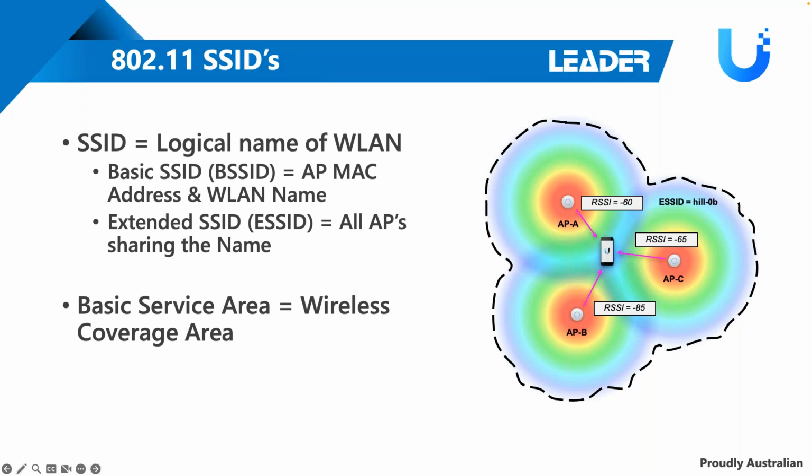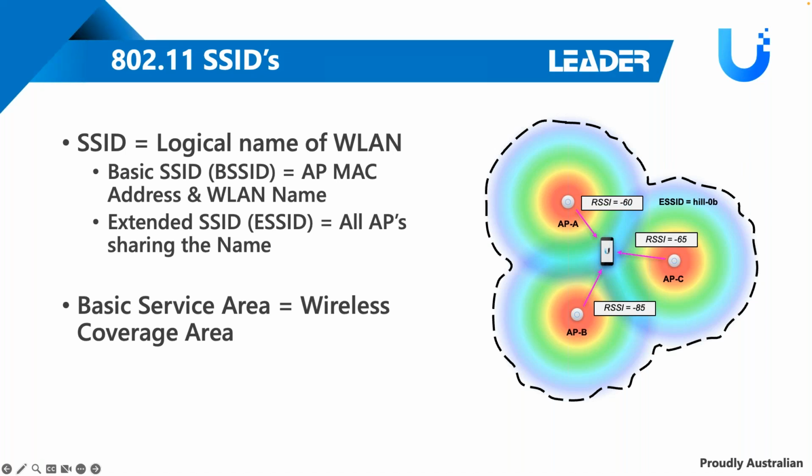That's because all of those APs share the same name. The only way your device can identify that there are multiple APs under that same SSID is through its BSSID, the Basic Service Set Identifier. So that's the way your device can see the multiple access points even though they share the same name.